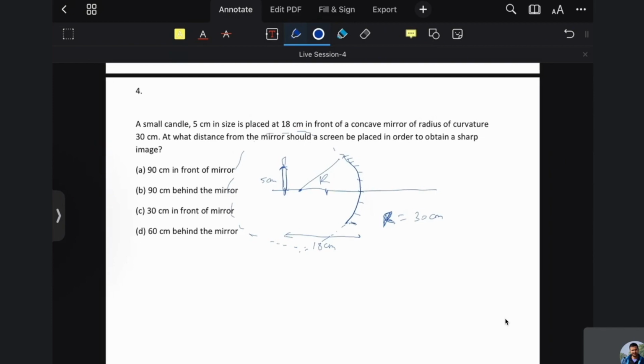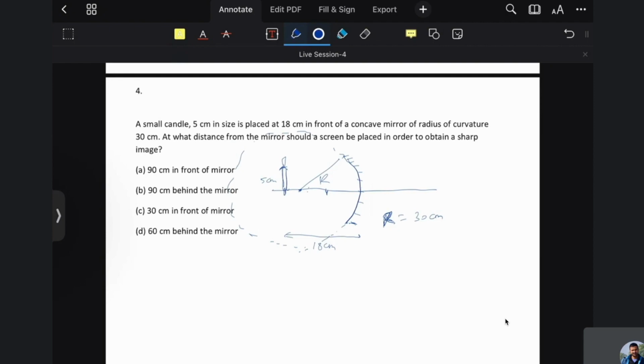It's asking where should we place the screen. So it's basically asking the image distance, right? Because the concave mirror forms a real image, we can obtain it on a screen. So where would we put our screen to get a sharp image there?